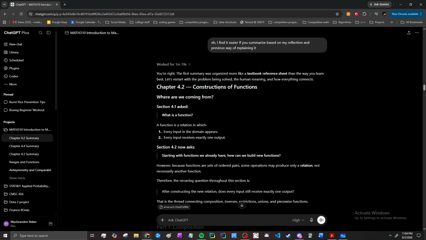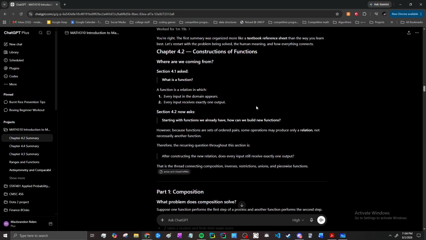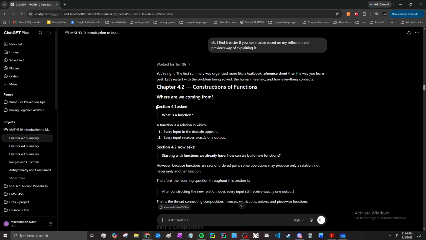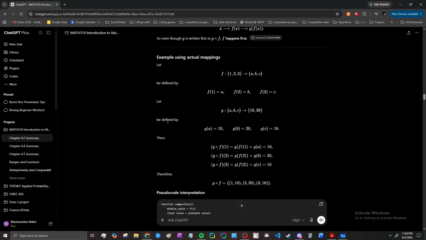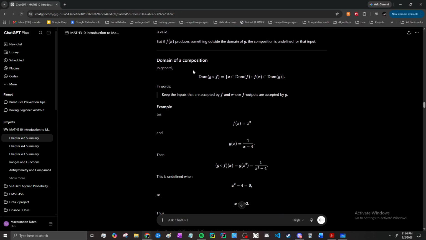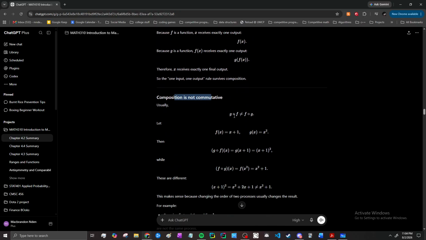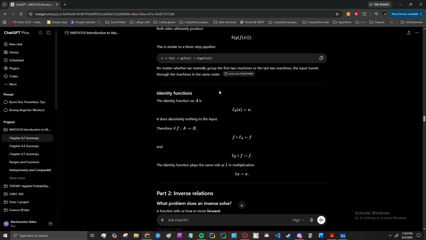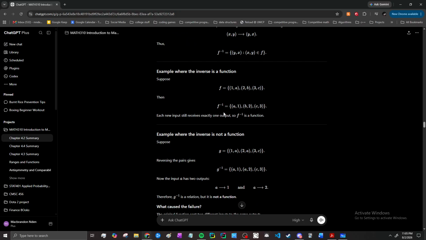So we're just talking about compositions and their definition, and some other aspects around inverse, and whether compositions are associative, commutative, and so on.